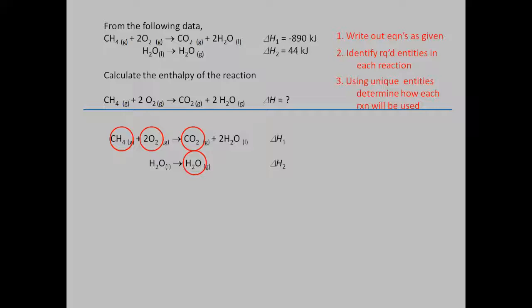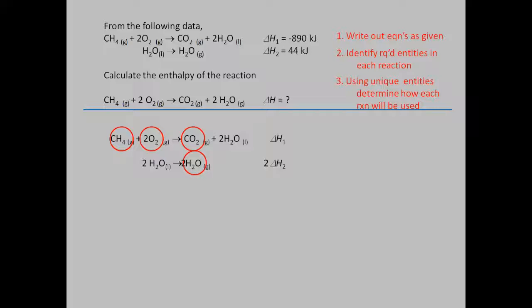So I need to multiply this reaction by a factor. If I multiply all the coefficients and the enthalpy change by 2, I get the correct number of gaseous water in the second equation.